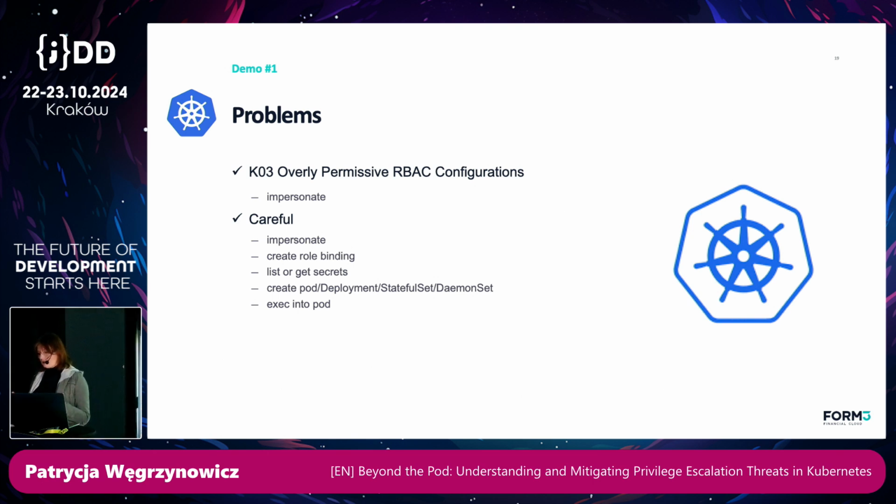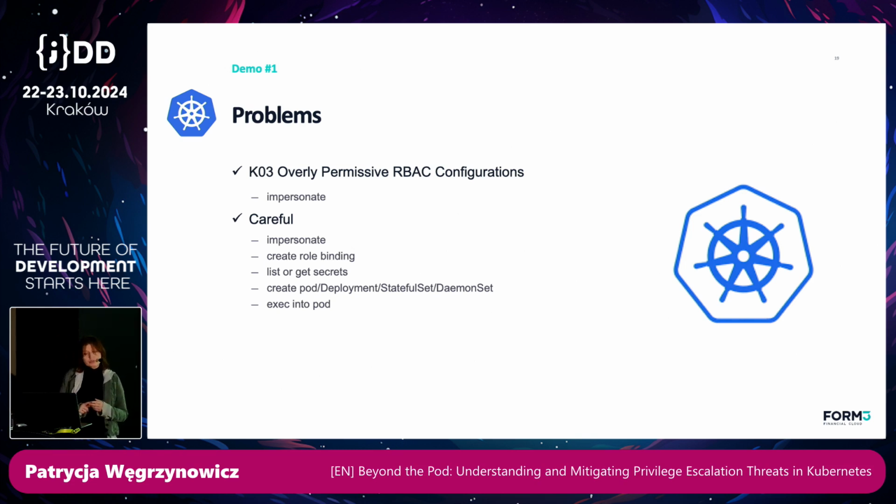And you've learned about overly permissive RBAC configuration. Impersonate definitely shouldn't be allowed for any regular user. And this is not the only permission we should be careful about. We should think about the permission to create new role bindings, because this way we could work around existing permissions. We need to be careful when it comes to listing or getting secrets, as you've seen.